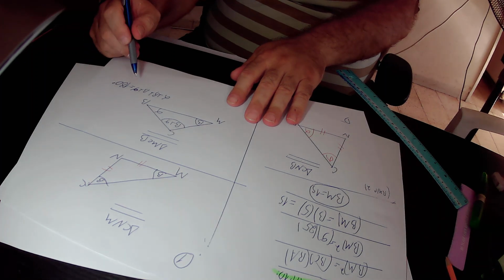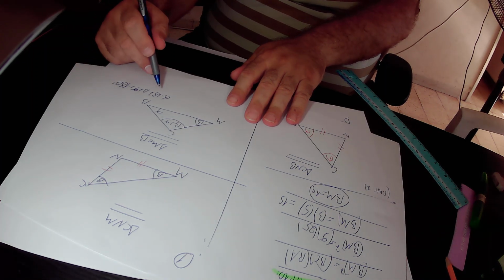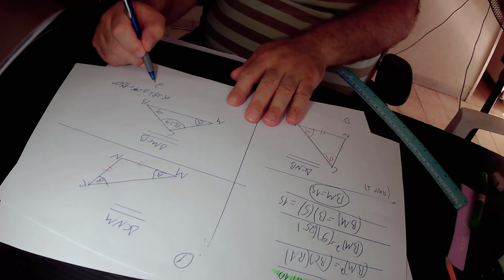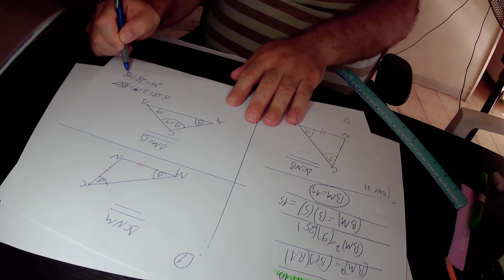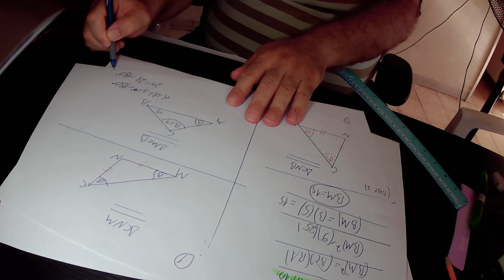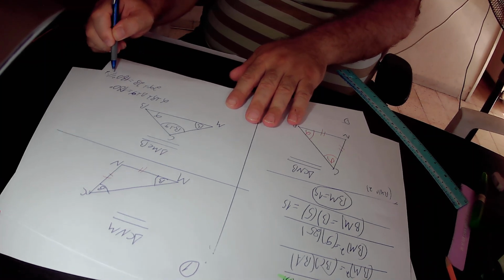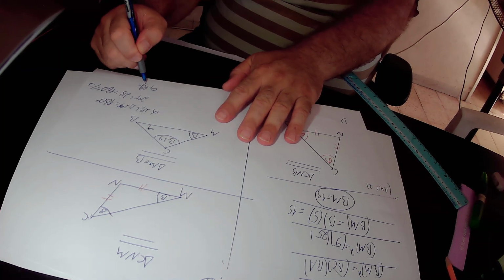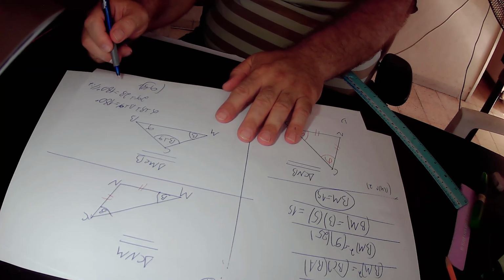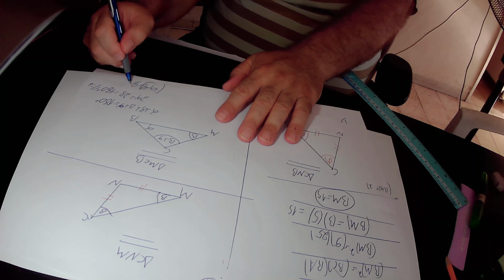On this side of the equation we have alpha plus alpha is 2 alpha, plus beta is 2 beta. In total, the sum of those two angles must be equal to 180 degrees. Here we divide this equation by 2, and finally we get that alpha plus beta equals 180 degrees over 2, which is 90 degrees.